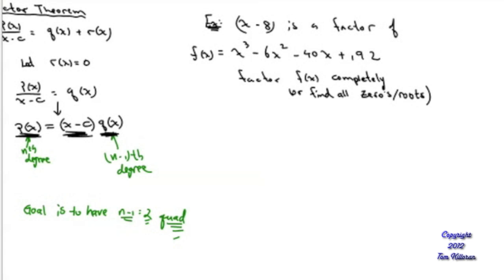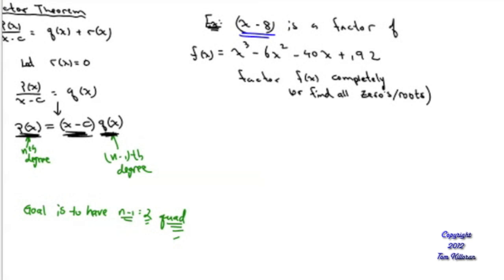Okay, so let's start off. What can I do knowing the fact that x minus 8 is a factor of f of x? If it's a factor, then the remainder has to equal 0.